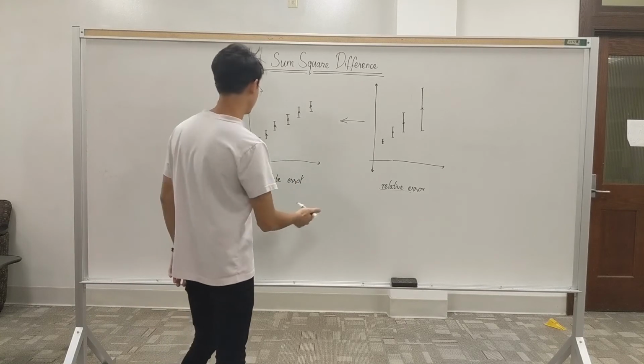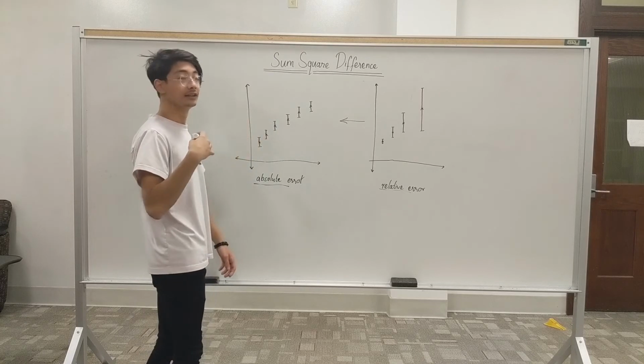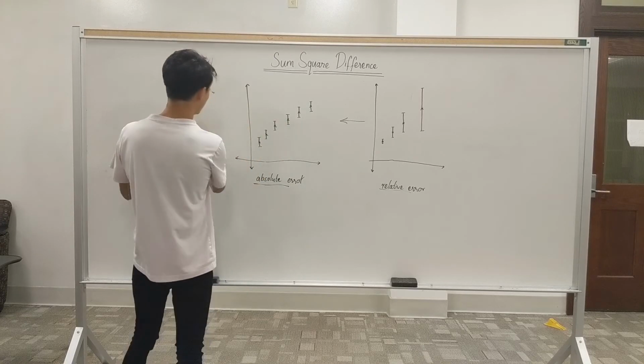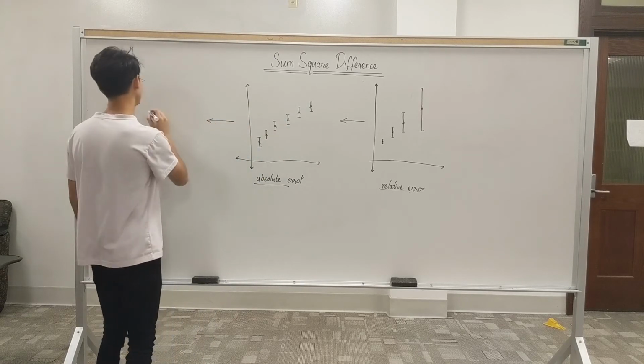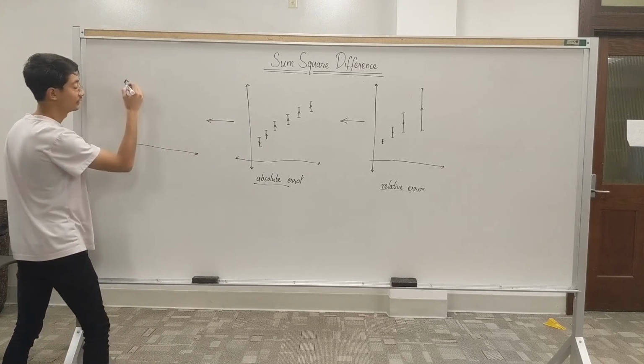On the other hand, if you have absolute error and you try to convert this into a logarithmic graph, the error bars are going to look something like this.